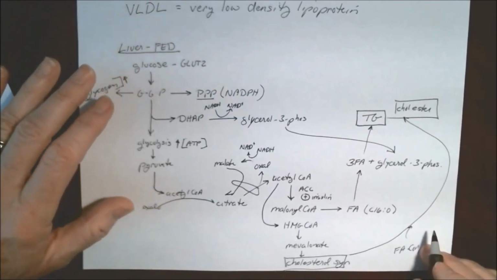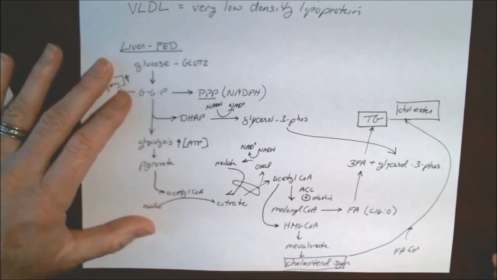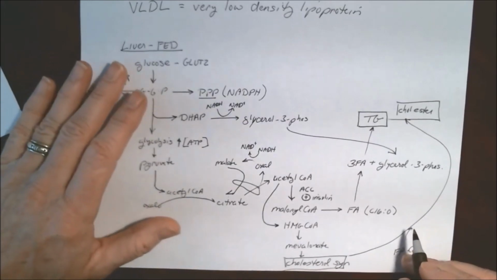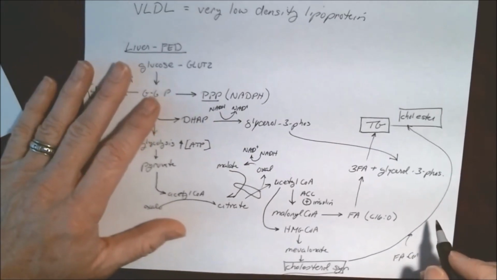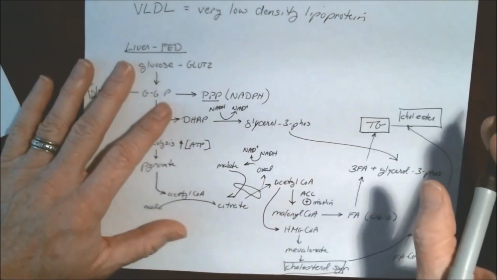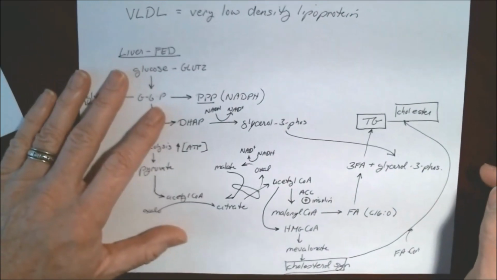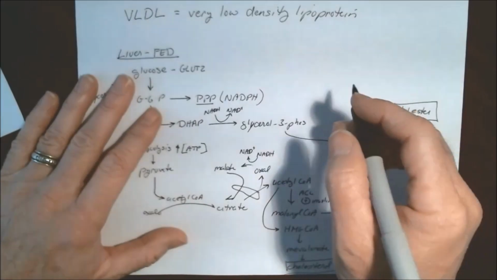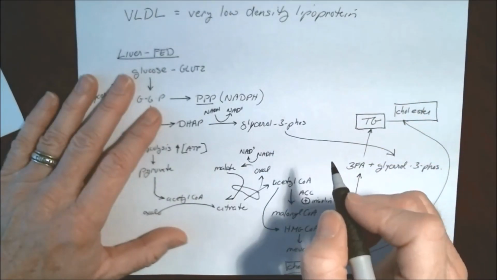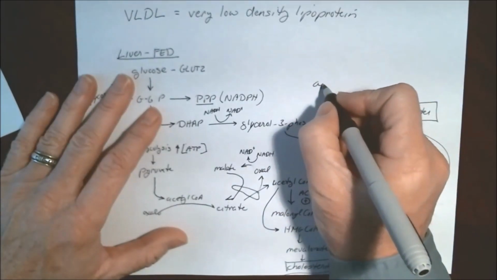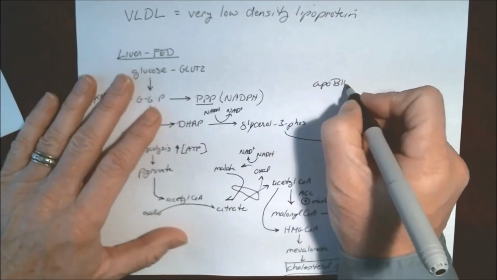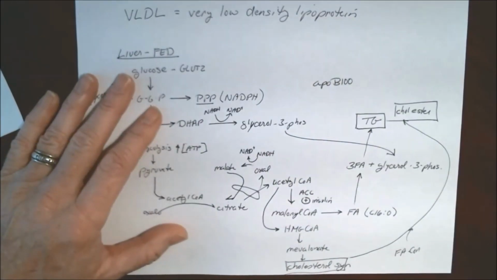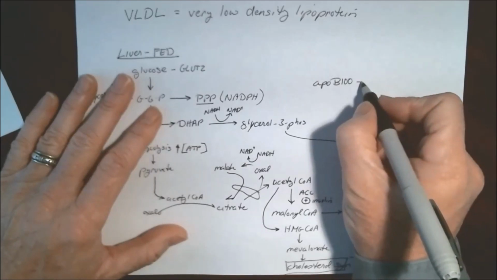And now we have our major substrates in order to construct the VLDL. Now, to do this, we're going to have a similar situation as in the intestinal epithelial cell, where we're going to need a skeleton protein. So in this case, the liver is going to be synthesizing the protein ApoB100.